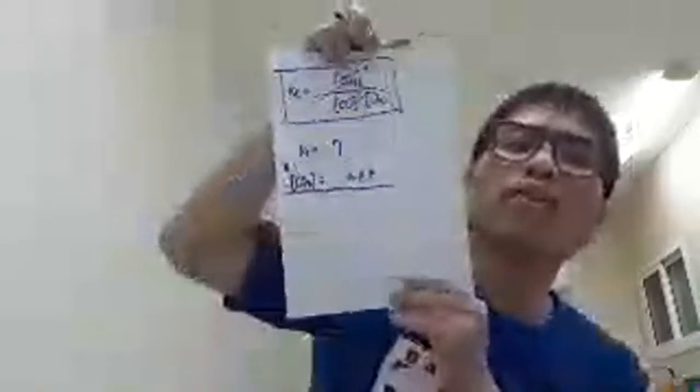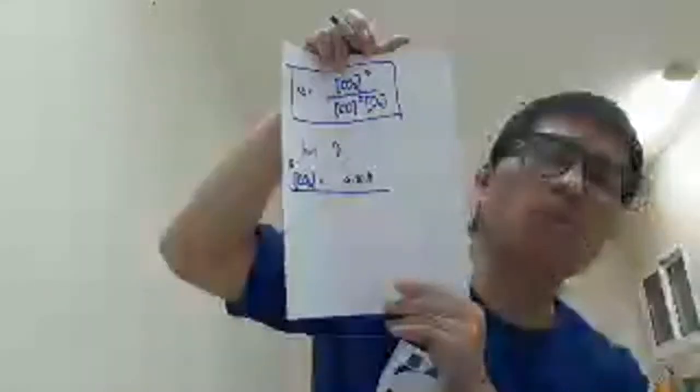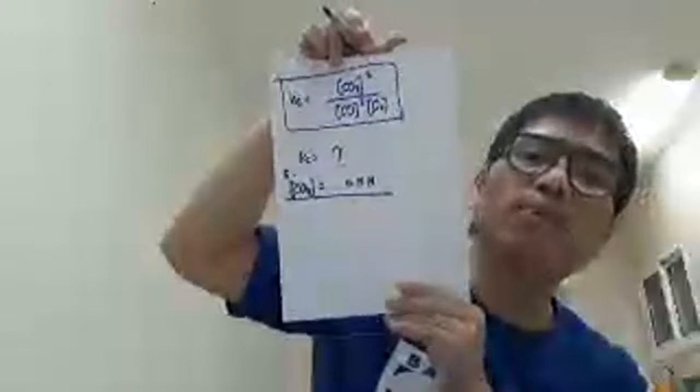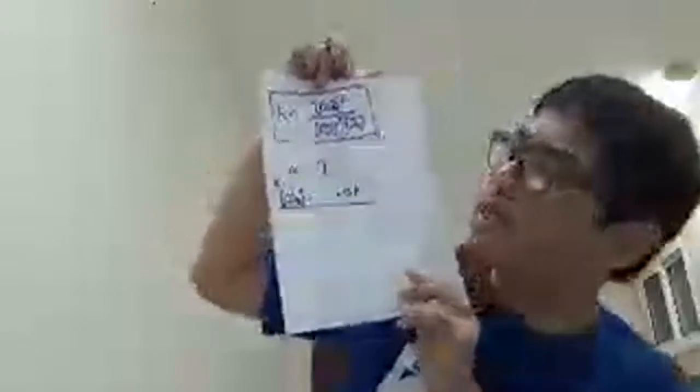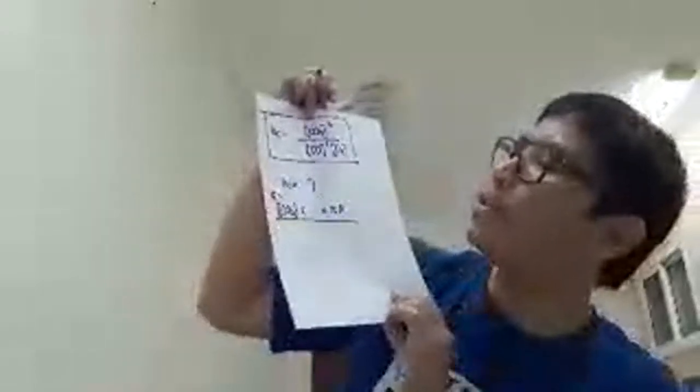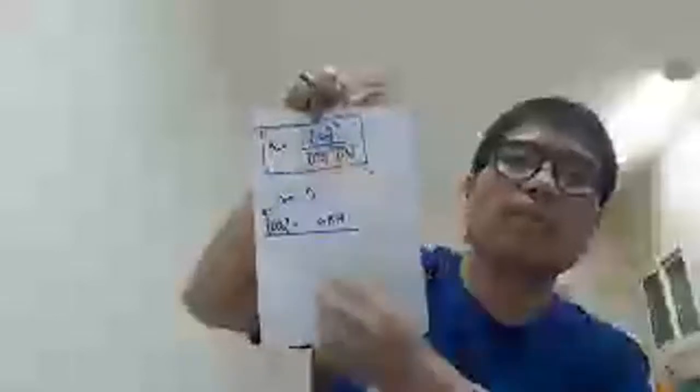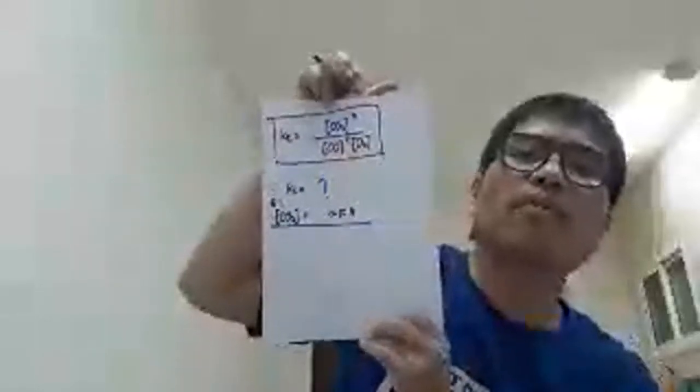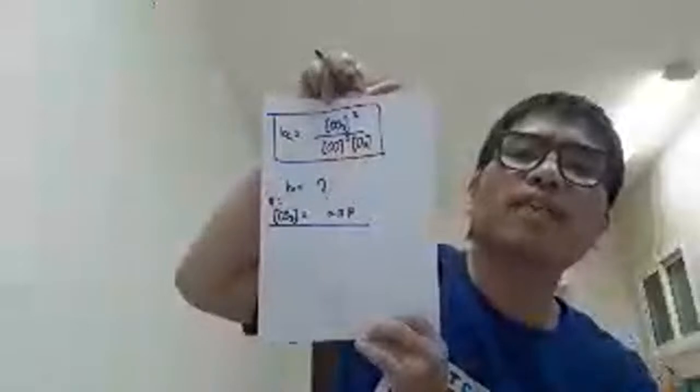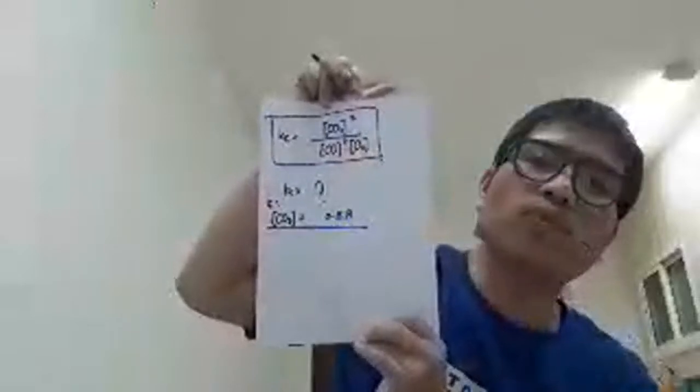CO2 is equal to 0.15 molar at equilibrium. So this CO2 will be automatically substituted here already because it's an equilibrium expression. Our problem now is only the CO and the O2.